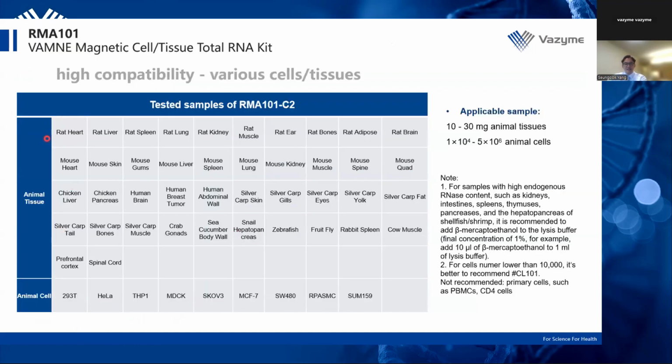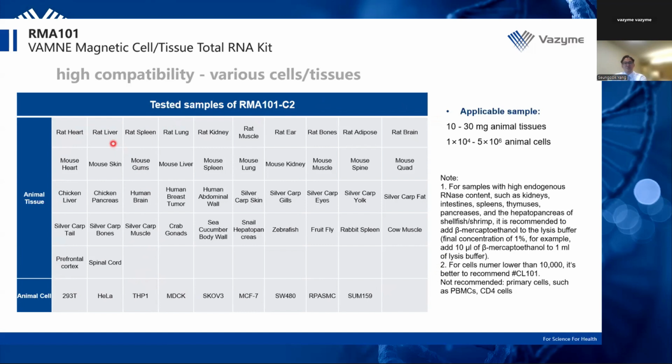And this slide highlights the broad compatibility of the RMA101 total RNA kit with various types of animal tissues and cells. So as you can see in the chart, the kit has been successfully tested on a wide range of samples, including major organs like rat liver, kidney, brains, and even aquatic samples like zebrafish.